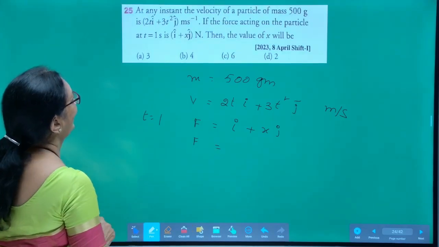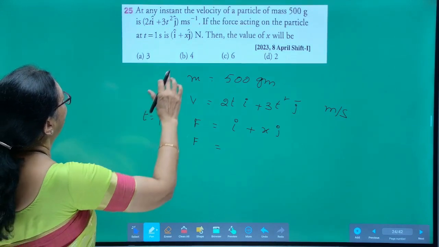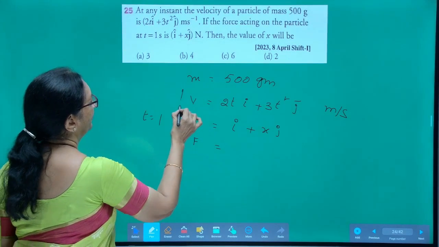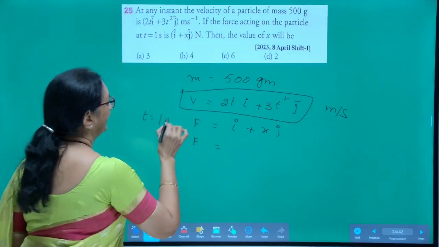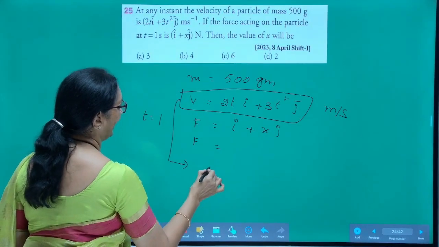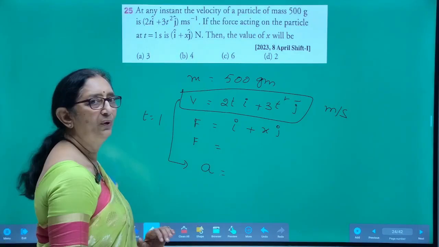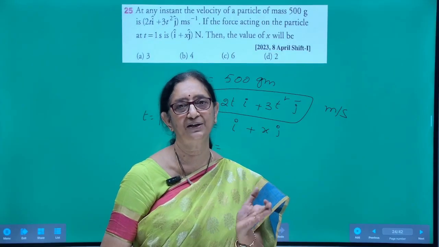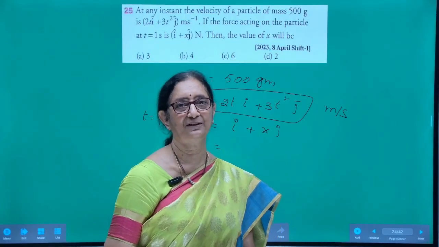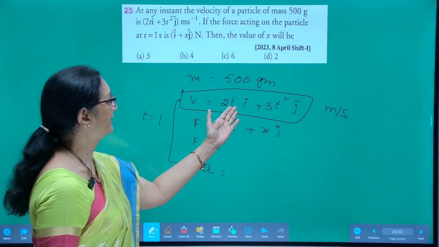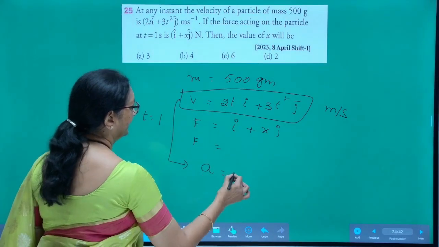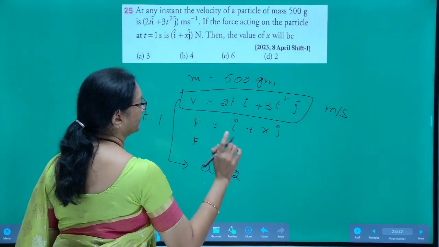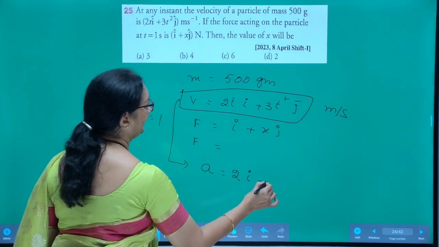So, what is the acceleration? First of all, from this velocity expression, let us try to find out the acceleration. We can find out the acceleration by differentiating velocity with respect to time. See here, differentiate this with respect to time. Derivative of t is 1, so 2i.